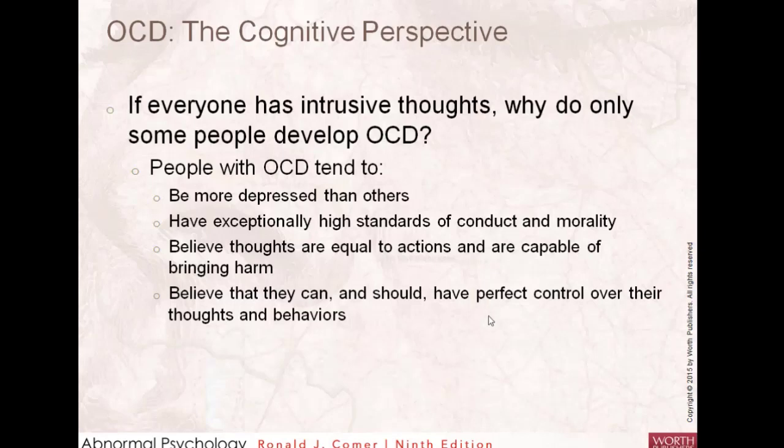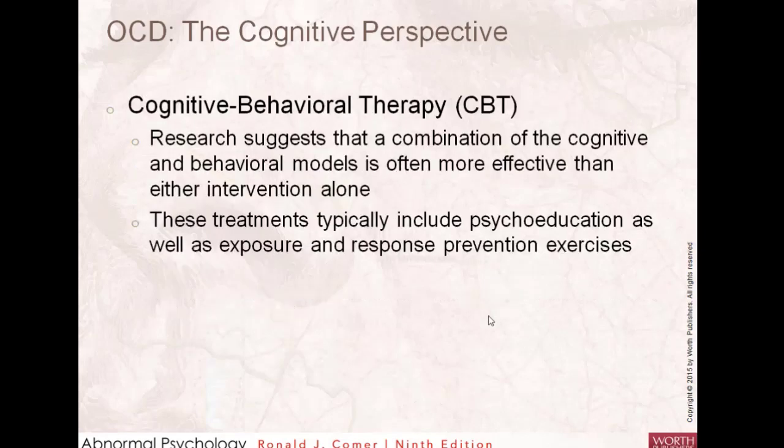Also, people who have OCD tend to be perfectionists, and so they feel like they have to completely control every aspect of their lives. I shouldn't have that thought come up. If I was a good person, I wouldn't have that thought come up. So cognitive behavioral therapy can combine that exposure that we just talked about, that's the behavioral aspect, with a cognitive aspect here of helping people understand that having a certain level of obsession is normal.